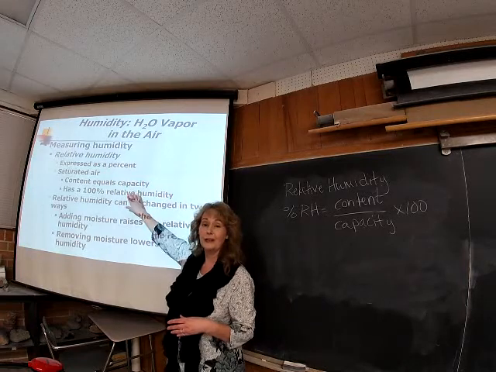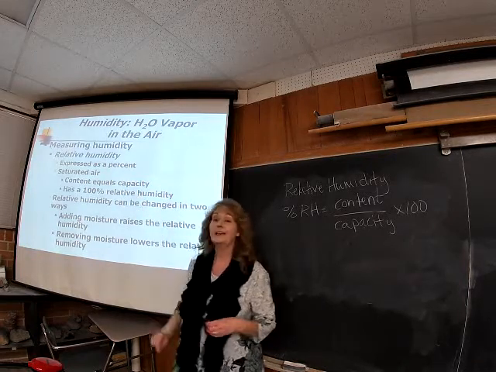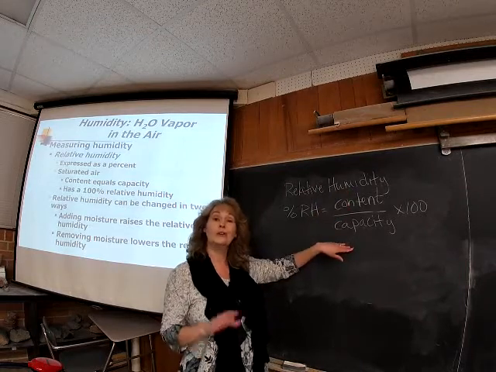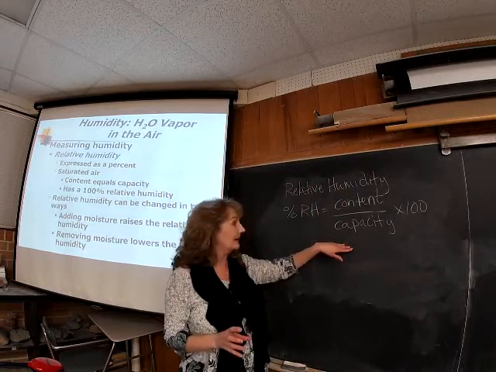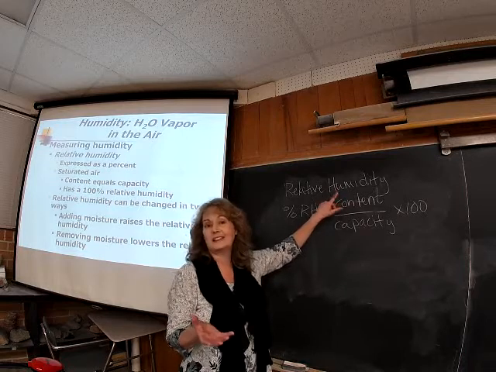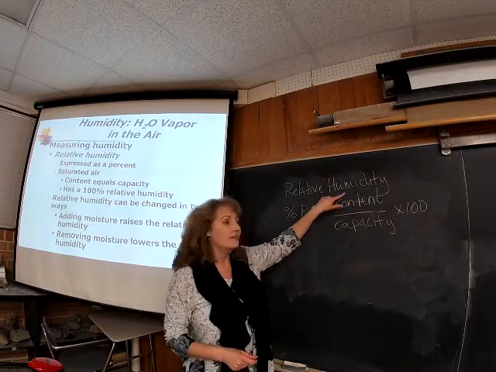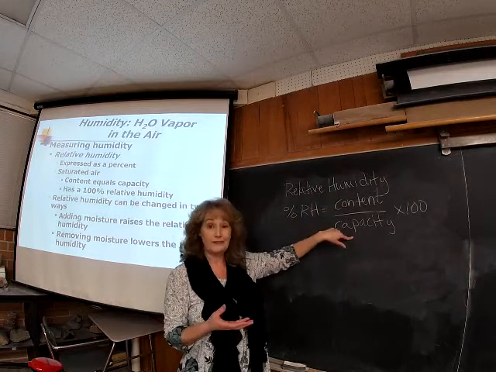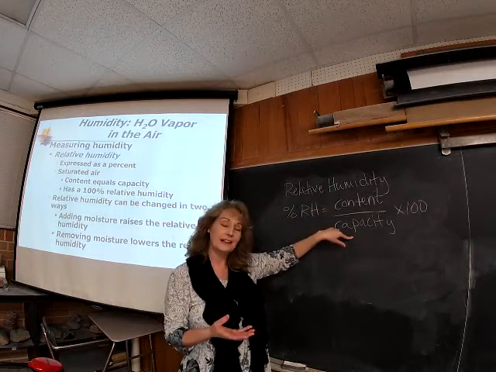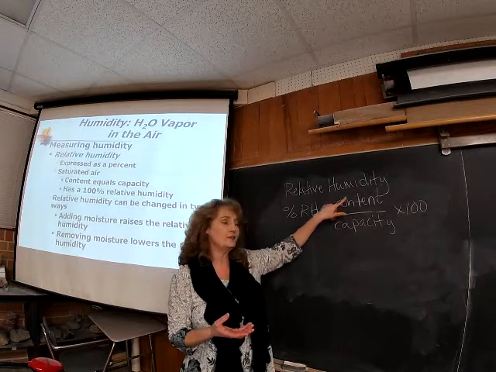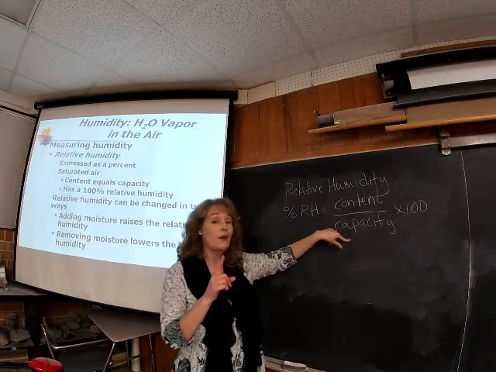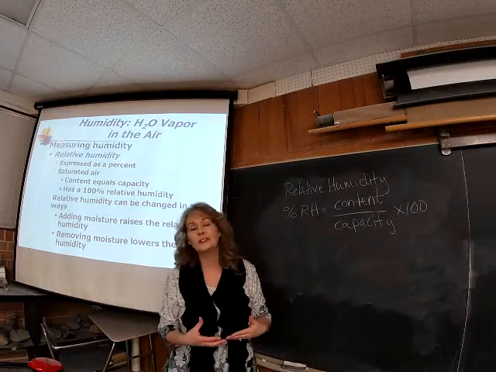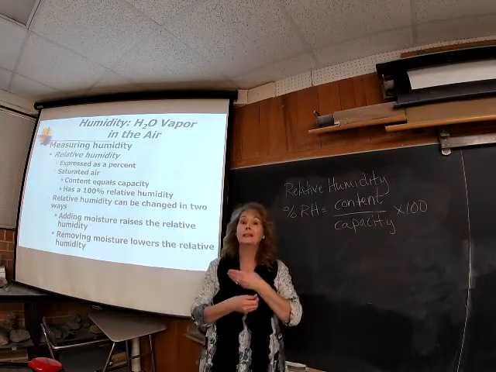So saturated air. If you have saturated air, your content equals your capacity. That number and that number would be the same. And in that case, let's say this was 50. 50 would be your actual water vapor content, and 50 is the capacity that it could hold at a particular temperature. So 50 divided by 50 is 1. 1 times 100, 100%. So you'd have 100% relative humidity, meaning saturated.